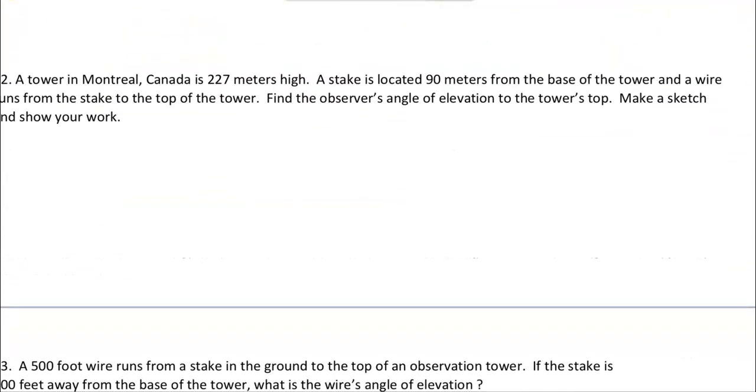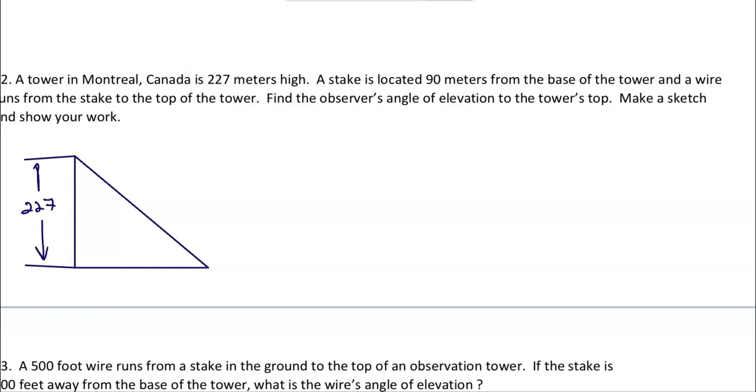Okay, so next one, another right angle trig problem. So you're going to draw your triangle. It's a right triangle. Draw the triangle first, and then we'll fill things in. A tower in Montreal, Canada is 227 meters high. Okay, that means that this is the tower, and that height is 227 meters.